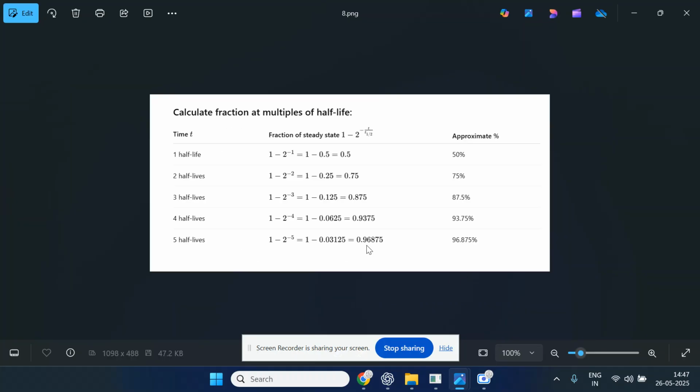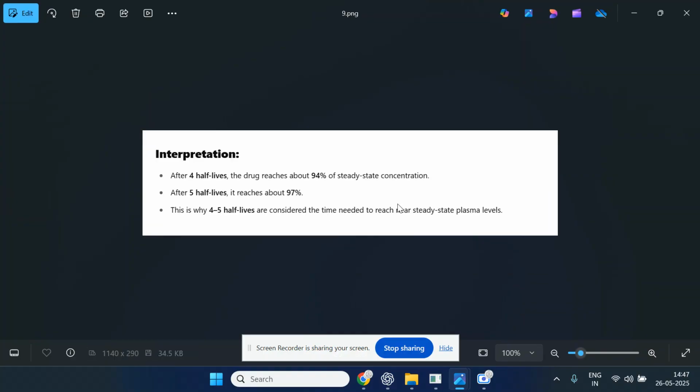So putting t equals the first T half, we get 0.5, and after the fifth T half, we get the plasma concentration to be 96.875% of the steady state concentration. So effectively we require 5 T half to get to the steady state concentration.